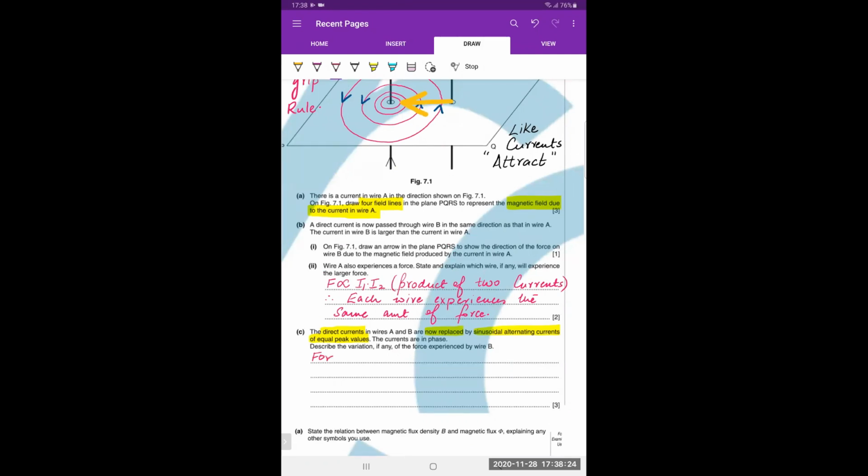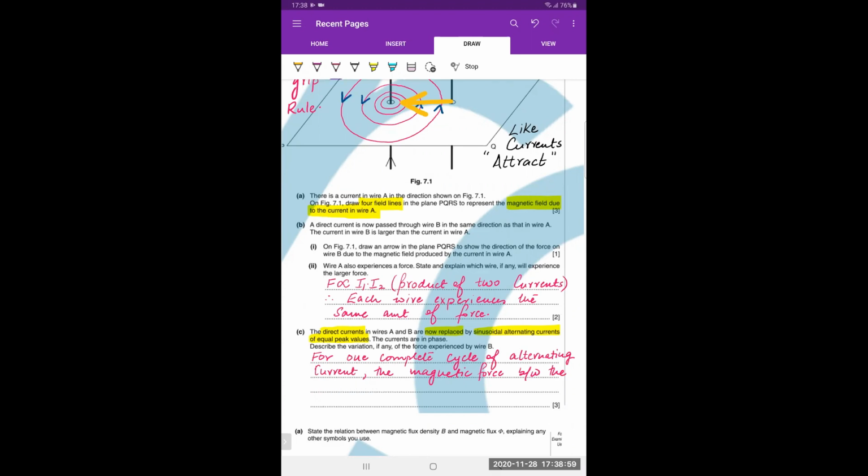For one complete cycle of alternating current, comma, the magnetic force between the two wires, between the wires, I'll write it, there is a bit less space.